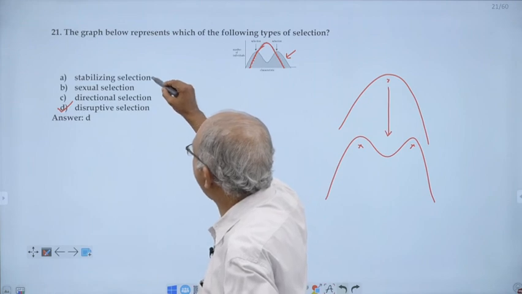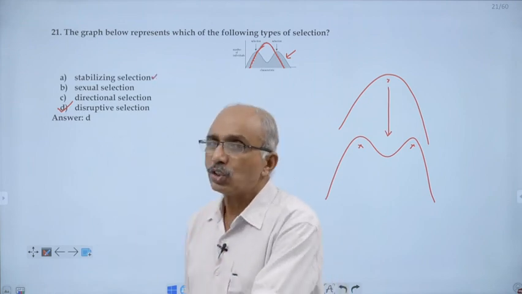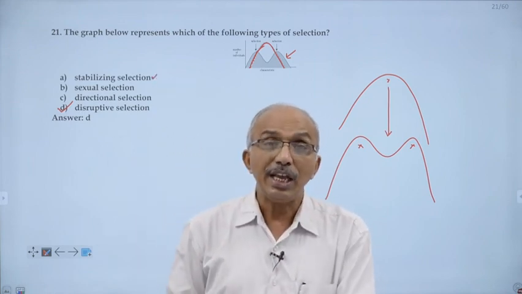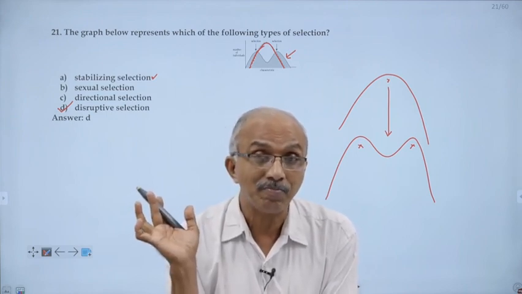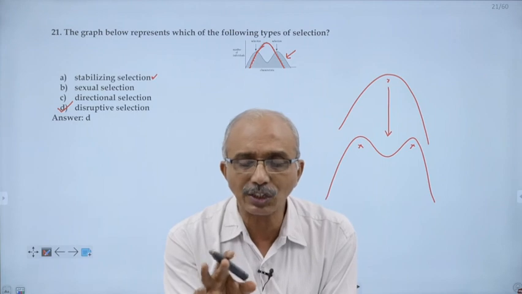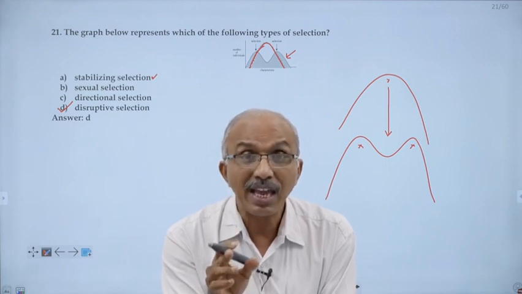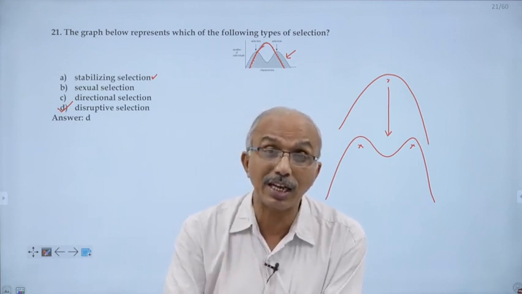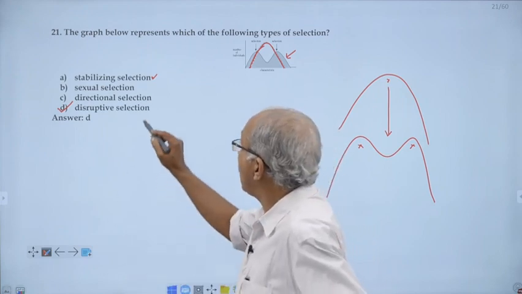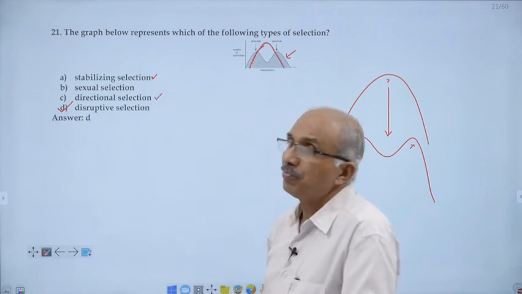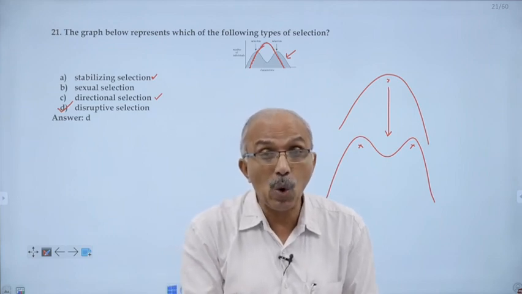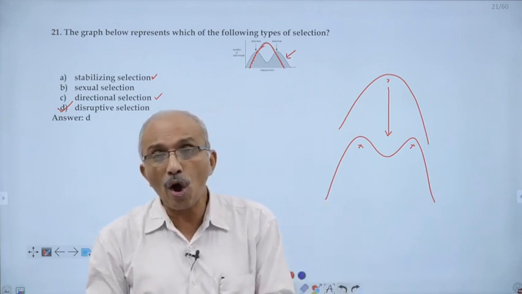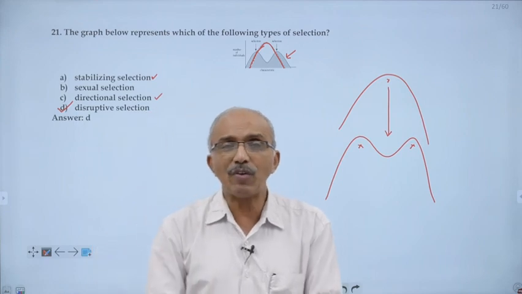What is stabilizing selection? In stabilizing selection, individuals having average values are selected. In directional selection, individuals having either below average or above average values are selected.